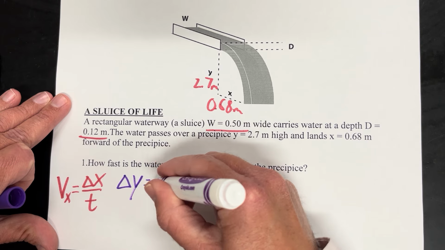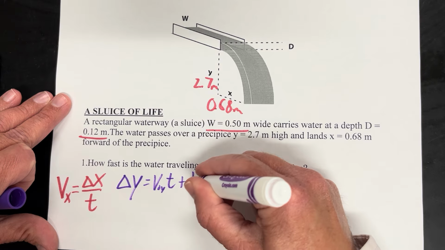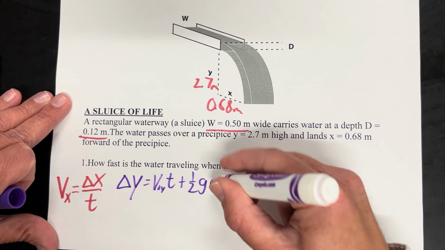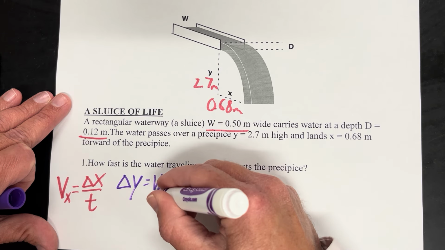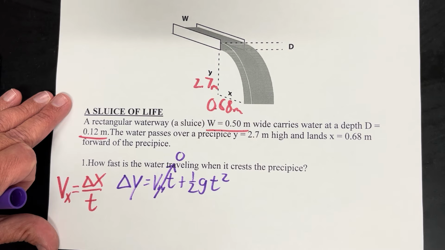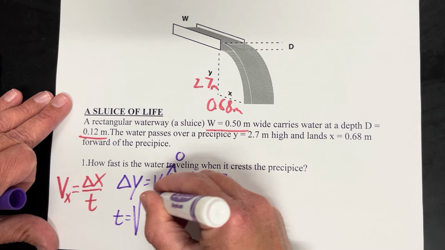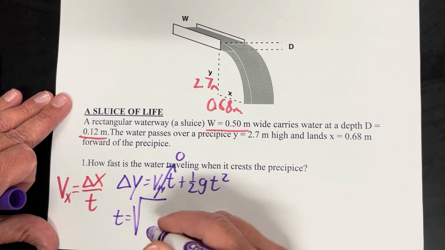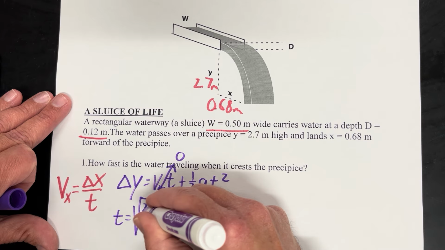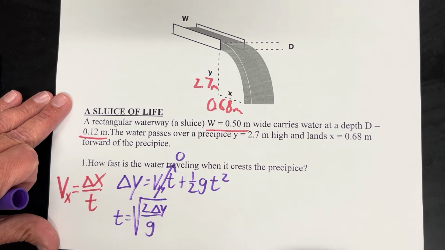So our delta y is equal to our v0y times t plus 1/2 times our y acceleration, which is g, times the time squared. This initial y velocity for a horizontal projectile is 0. So when we rearrange this equation, we get time is equal to the square root of 2 times the height over the acceleration due to gravity.